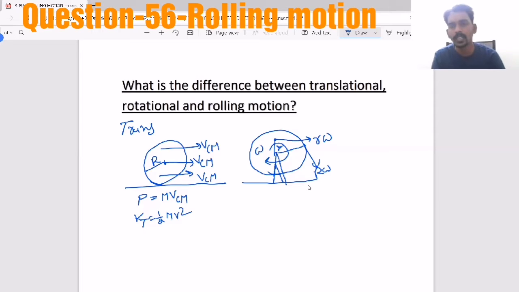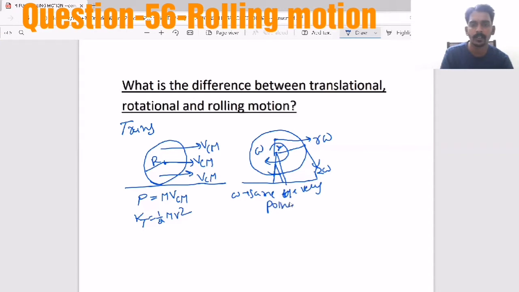That means omega is the same for every point, but v is different, that is r omega. That's why the point on the periphery will have the greater linear speed. When you look at a fan, you can understand: at the edges, the fan appears to move much faster than the point closer to the center.